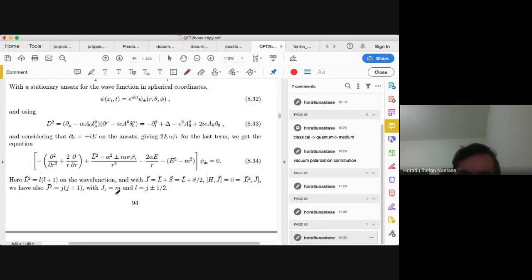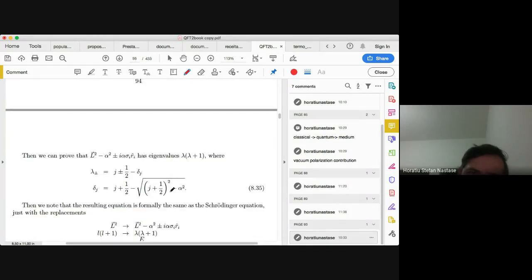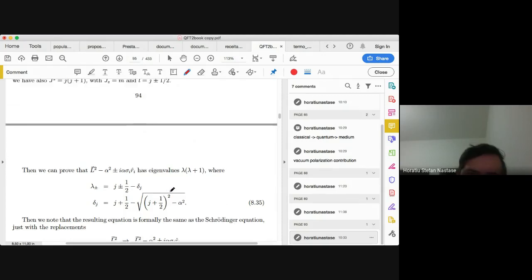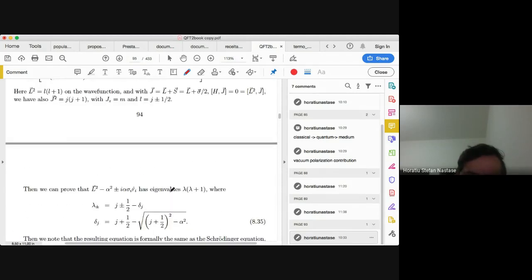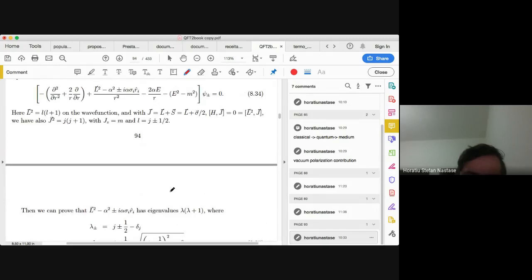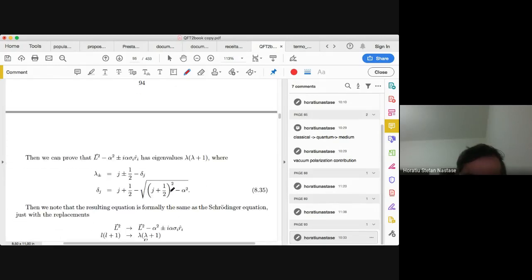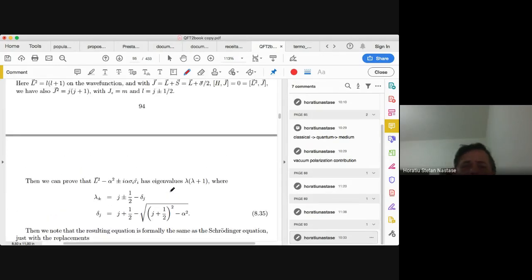And the relation between L and j is that L is j plus or minus 1/2. Here is a step that I suppose I gave to you as an exercise, I'm not sure.